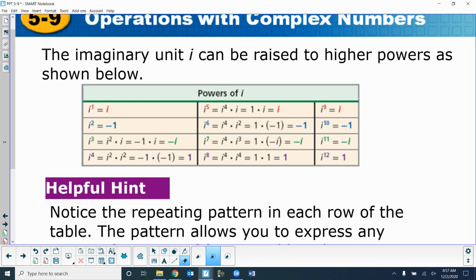I always show i to the 0 too. What's anything to the 0 power? 1.